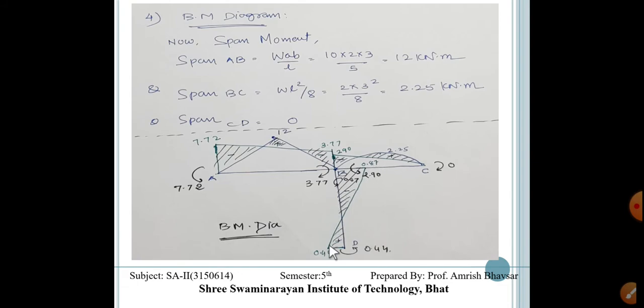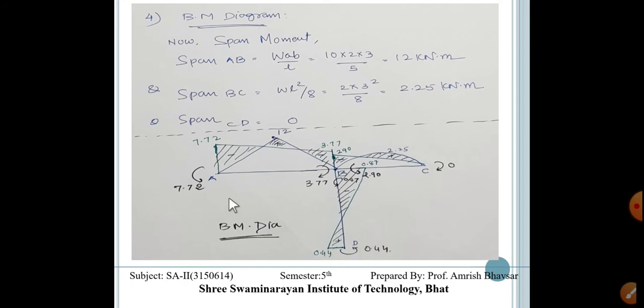Now whenever we are going to plot this bending moment diagram, it is totally depending on the direction of bending moments. Anticlockwise, clockwise, means it is totally depending on sagging and hogging. So whenever we plot the bending moment diagram, whether the direction is positive or negative must be identified by us, whether it is sagging or hogging.